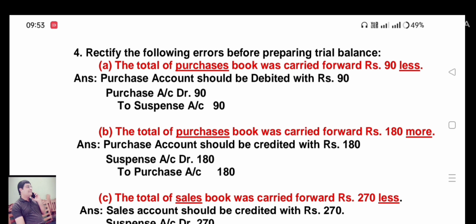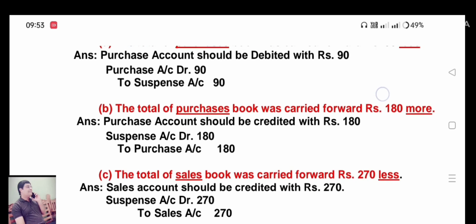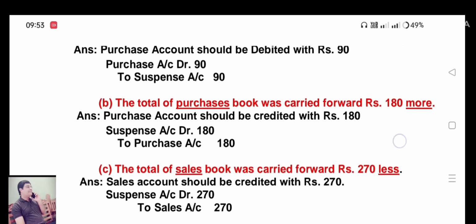In this line, the important point is purchase and less. So purchase is a debit balance. Less means under cost, original entry. So originally purchase is a debit balance. So purchase account should be debited with rupees 90. Journal entry is purchase account debit to suspense account.